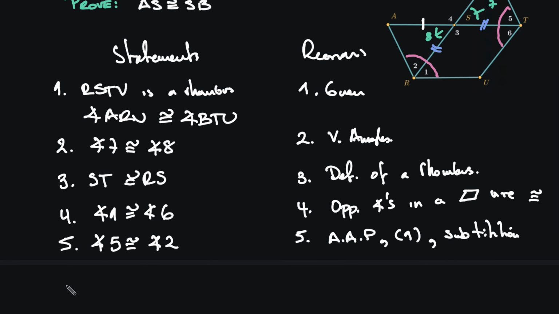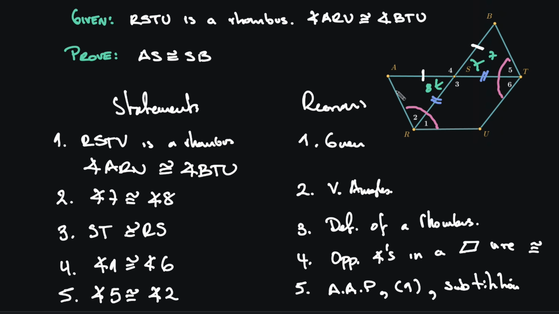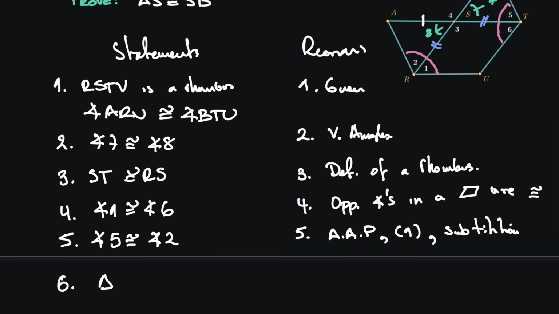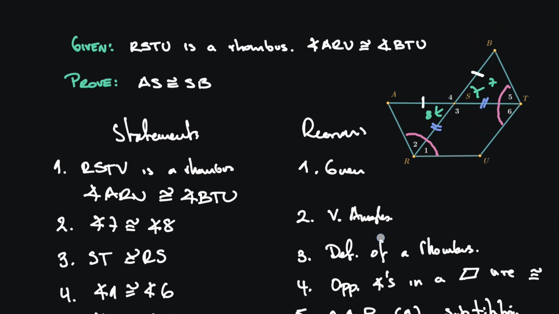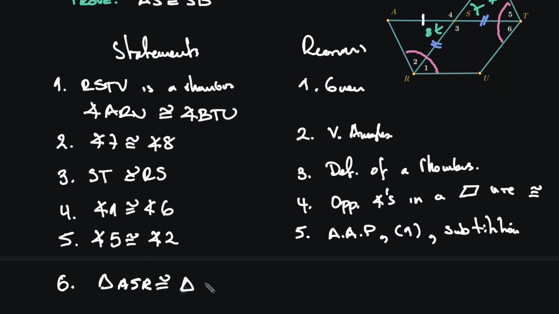So now that we have that, now we know that triangle ASR is congruent with triangle TSB. This is by angle-side-angle.